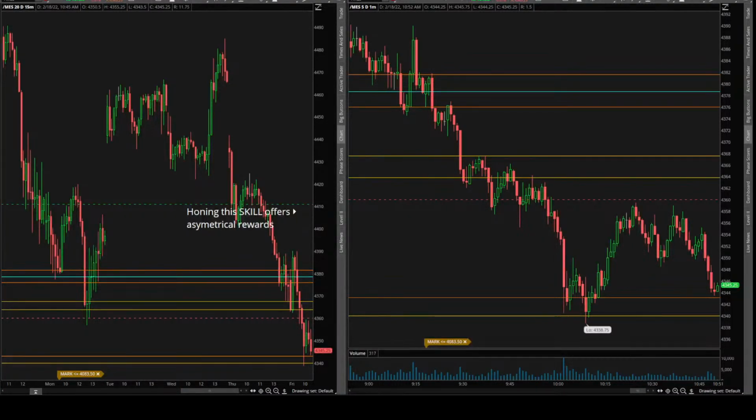Looking for a bit of a bounce up to 48. Gonna get out of 2/3 of my position there if we hit that.